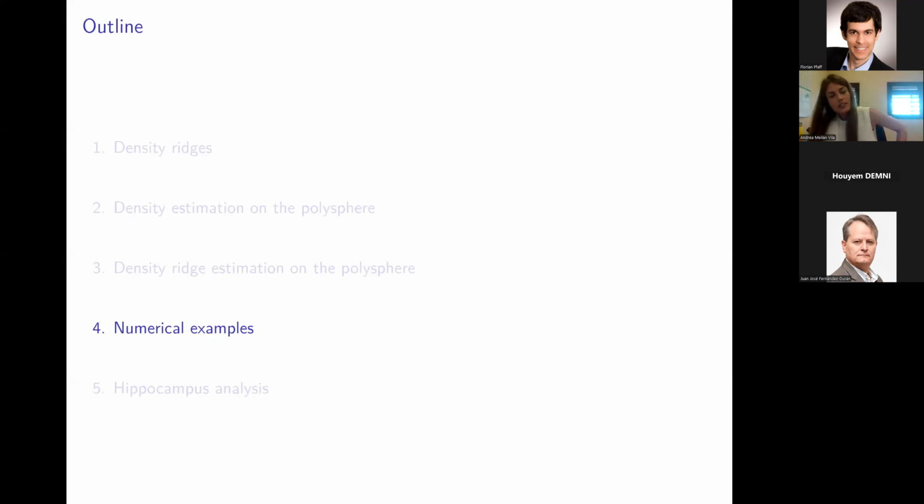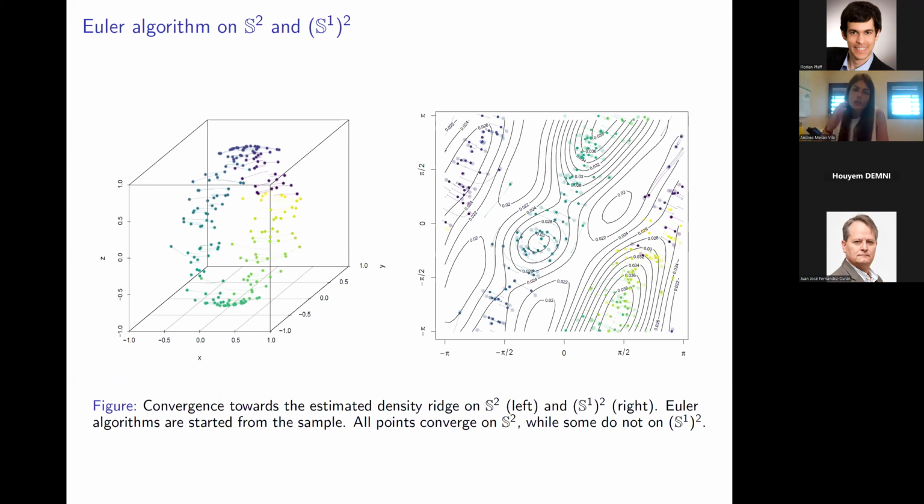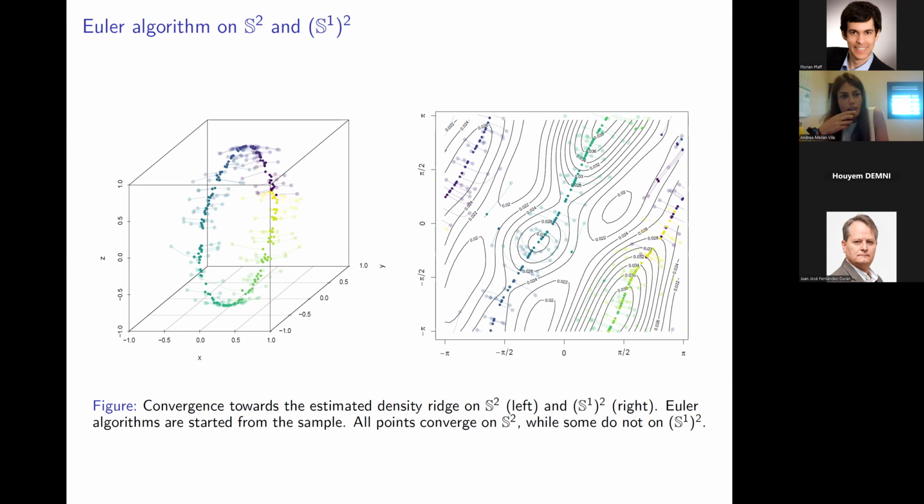And how to check this in practice? I'm going to show now some simulations that we have performed just for checking the performance. In particular, here we have the performance of the Euler algorithm. The representation on the left is for the hypersphere of dimension 2.